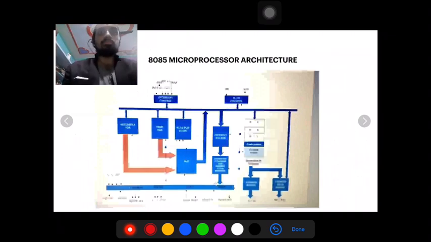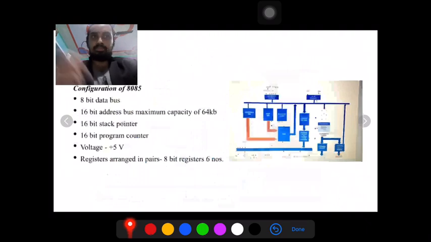Let's start with the configuration of the 8085. It has an 8-bit data bus, and a 16-bit address bus, and it can address up to 64 KB of memory.